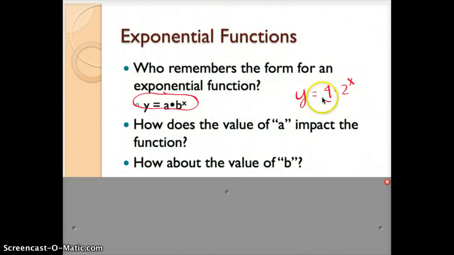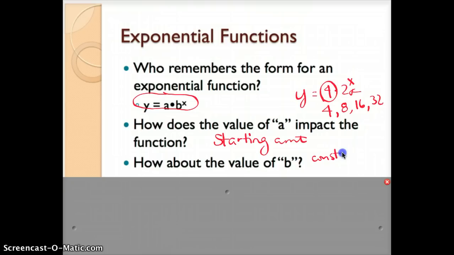I hope you could tell me that this function would start with 4, and then it would multiply by 2 every time. Okay, so it looks like a is going to be your starting amount, or your initial amount, and the value of b is going to be your constant ratio, the number that you multiply by each time.